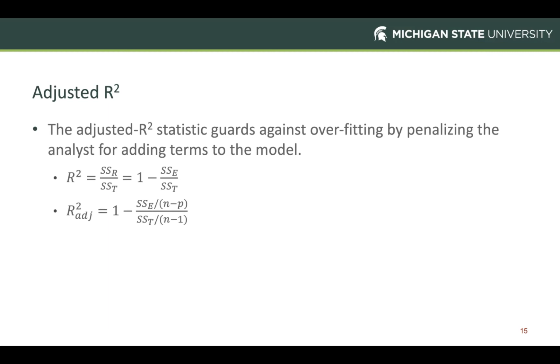And so what we're doing here, in essence, is we're introducing a penalty for each variable that's included. And so we would need to see a sufficiently large reduction in our error sum of squares, or alternately, a sufficiently large increase in our regression sum of squares to overcome that penalty that's imposed by subtracting 1 for each additional parameter that's added to that model, okay?